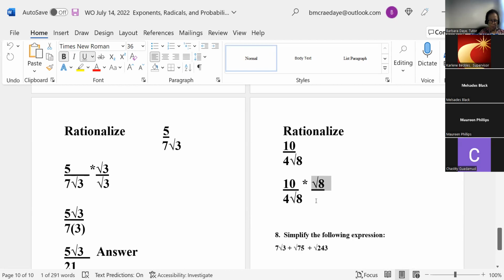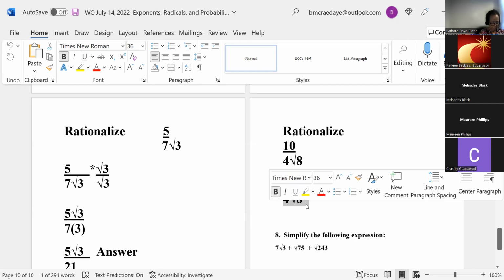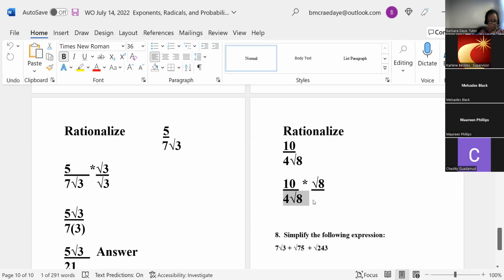You're throwing away your 4? 4 square root 8. And then what do I multiply that by? By 8. No. Remember, you multiply numerator and denominator by the same thing.